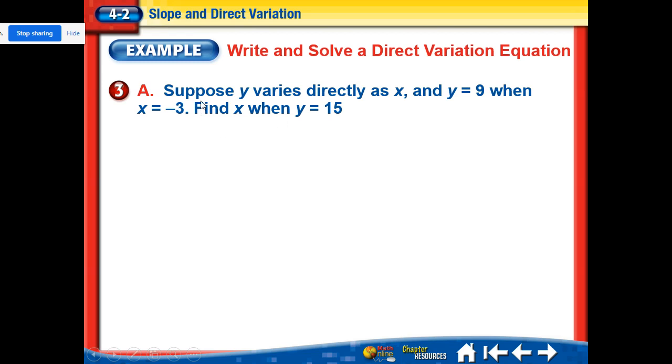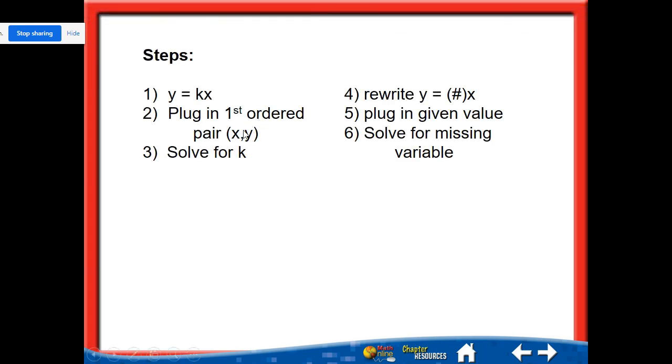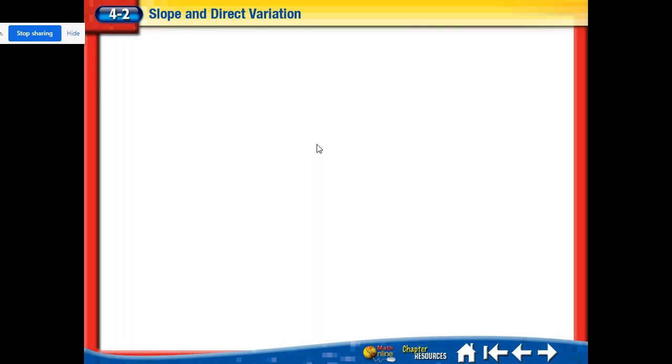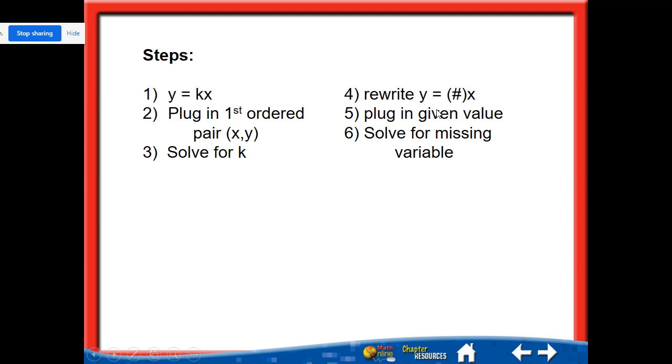So here's our equation. Suppose y varies directly to x, and y equals 9 when x is negative 3. So that's my first ordered pair that I was talking about here. When it says plug in the first ordered pair, that's this. They're going to tell us an ordered pair, negative 3 and 9. Then this part here is for the second part over here.